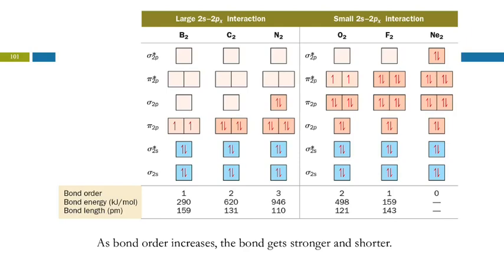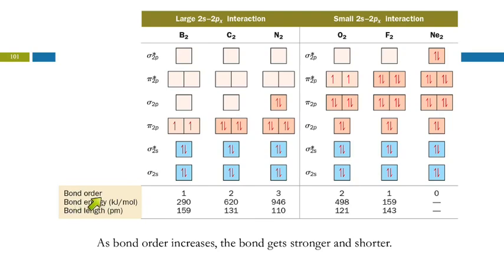So this diagram is showing just the molecular orbitals for 6 different homonuclear diatomic molecules. So here's our be careful now group, boron, carbon, and nitrogen. And we see that the pi bonding and sigma are different in order than they are over here.